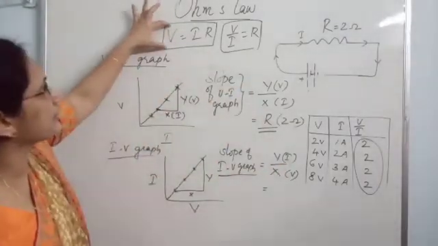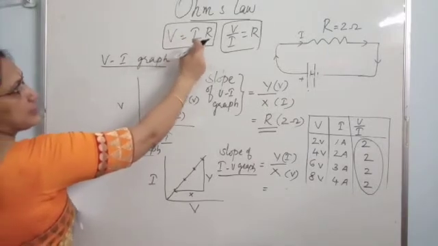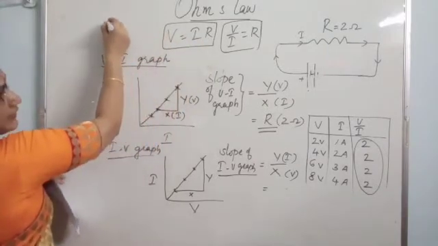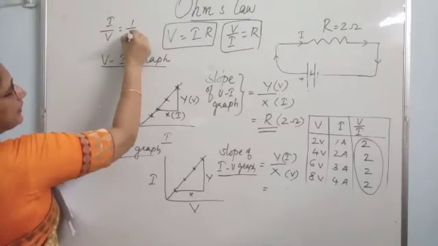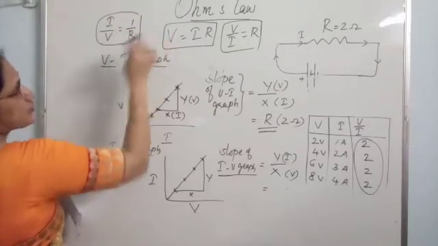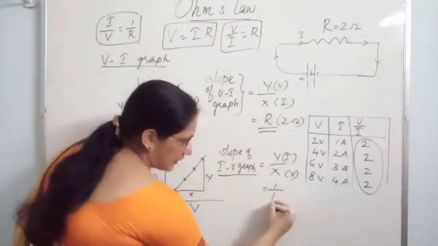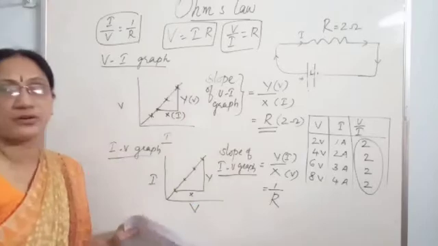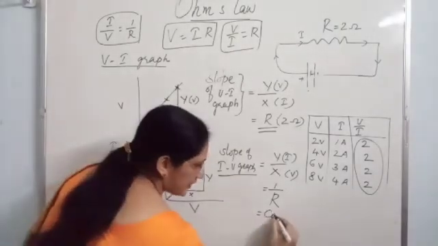From this formula, what is I by V? Look at the formula, V is equal to IR. So I by V is actually 1 by R. From Ohm's law formula, you will see that I by V is 1 by R. That means reciprocal of resistance. Reciprocal of resistance is known as conductance.